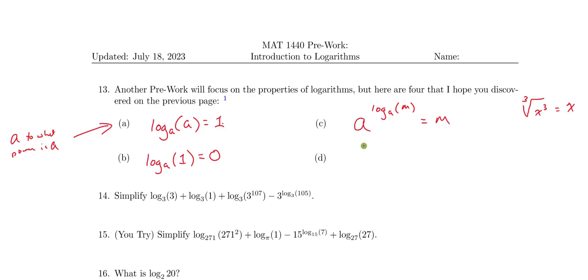The other property is similar. What we're going to do is have the logarithm on the outside and the exponent on the inside. So if we have log base a of a to the m, that's just equal to m. And my hope is that you saw that as you were exploring the questions that I asked you. But if you didn't, that's okay.